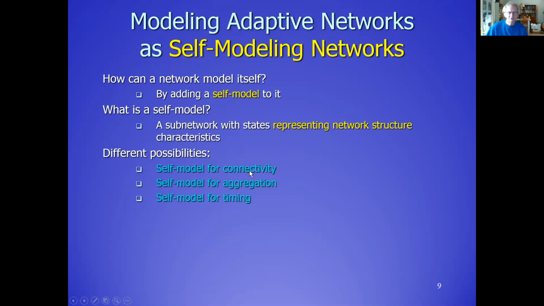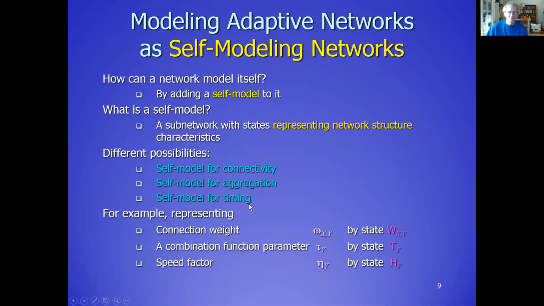You can have a self-model for connectivity, representing the connection weights. You can have it for aggregation or for timing. For example, if you have a combination of these, then you have one connection weight, one threshold for the excitability of some nodes, the Y node here, and the speed factor.